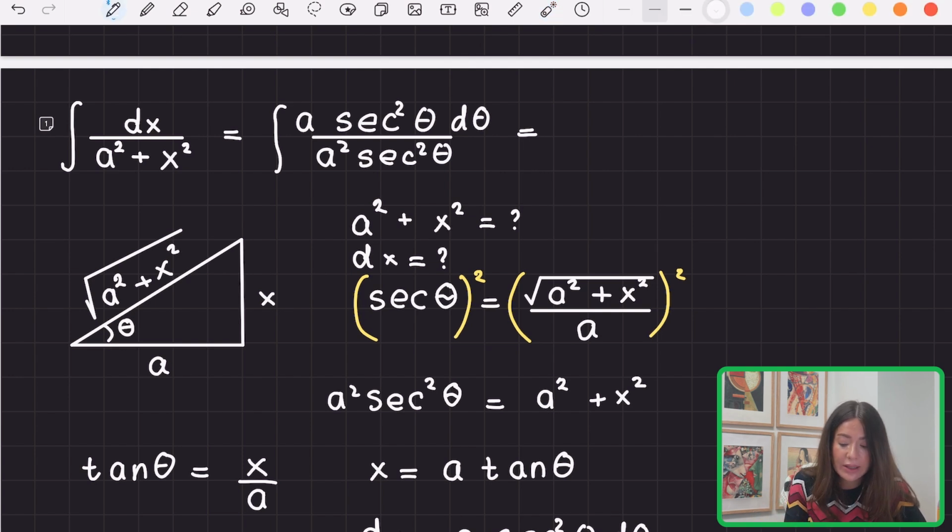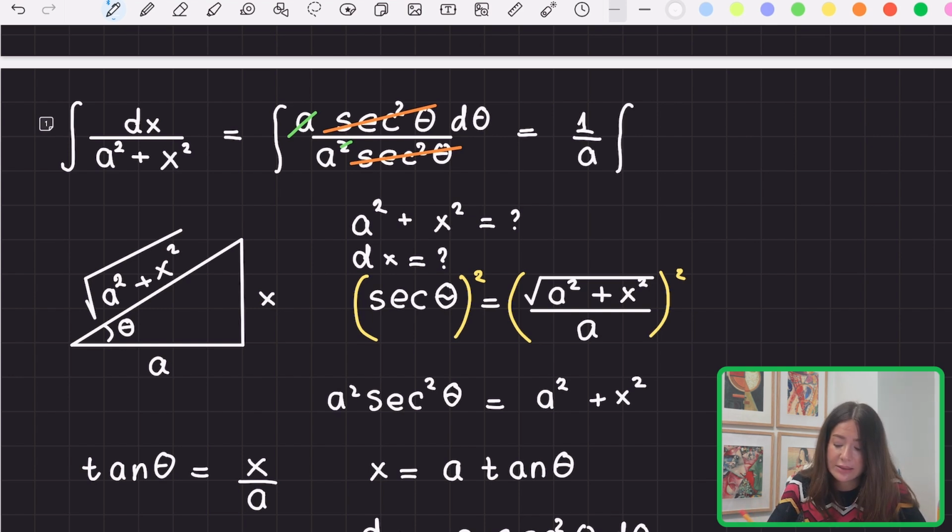And the reason why you do this, a practical reason why you do this, is that usually a lot of things get canceled after you do this, and it's such an easy integral to take. So all I have left here is 1 over a, which comes out of the integral because a is simply a constant. 1 over a is also a constant.